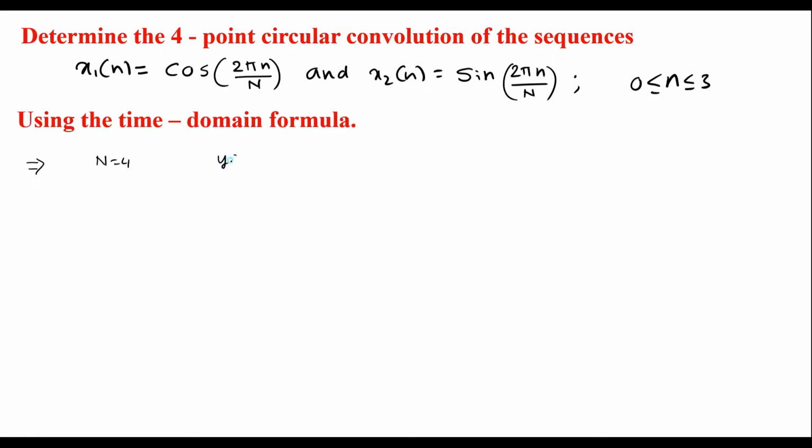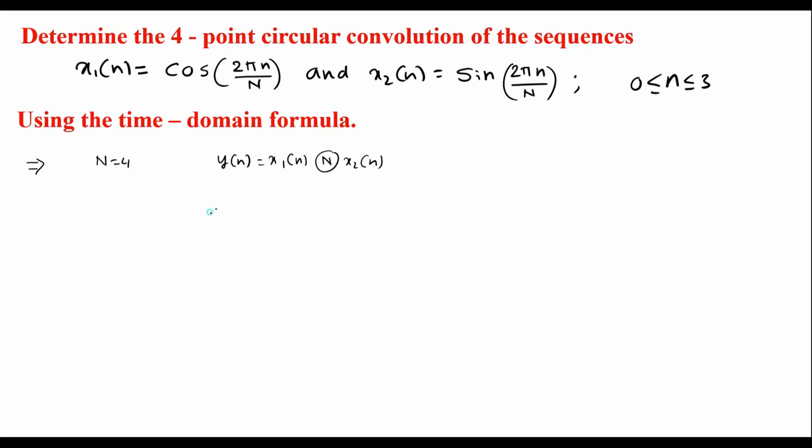We are supposed to find the circular convolution between x1 of n and x2 of n, that is here N is equal to 4. So here x1 of n and x2 of n is given in terms of cos and sin functions. First we'll try to get the sequence of x1 of n and x2 of n by substituting different values of n.